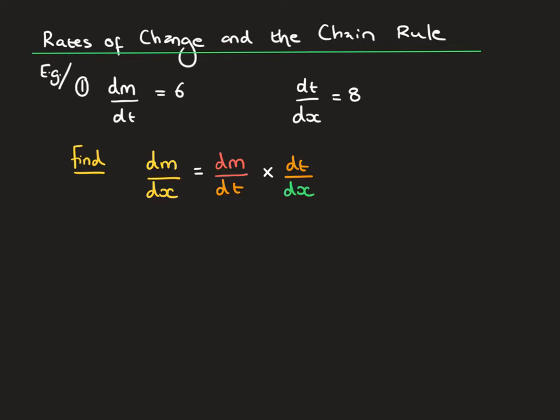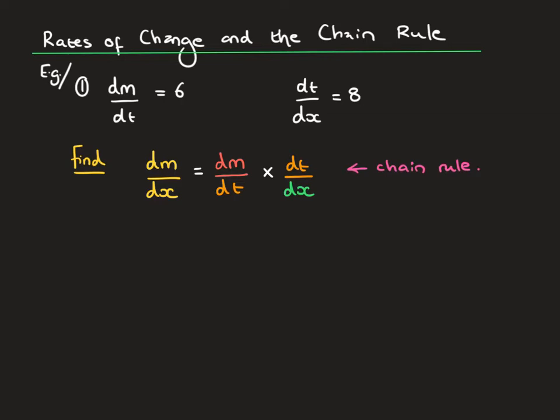We know it's not a matter of the dt parts cancelling out because these are not fractions, these are differentials, these are derivatives, but some people do like to think of it that way. And this is certainly a true statement set up using the chain rule. dm by dx is equal to dm by dt multiplied by dt by dx. So what do we know?